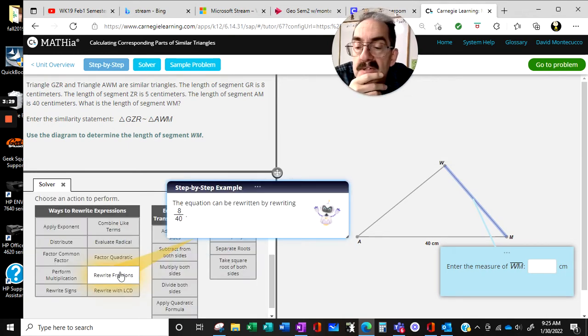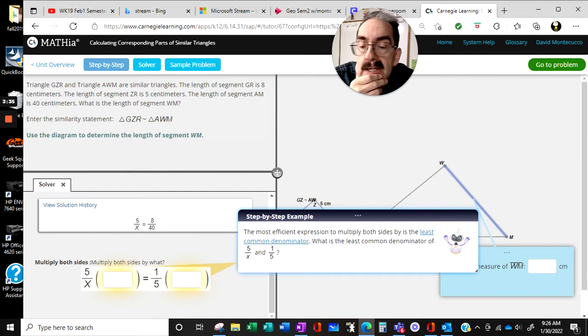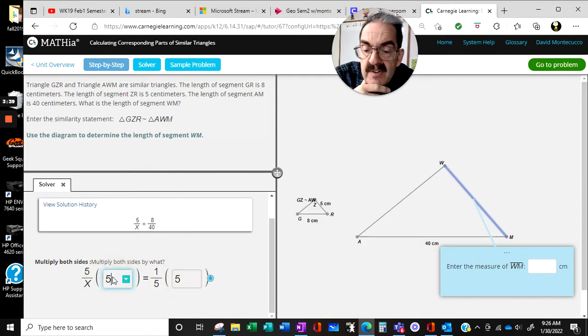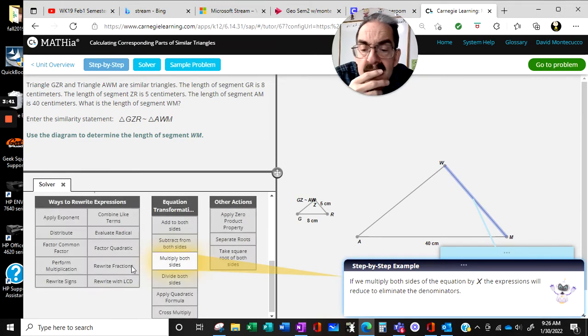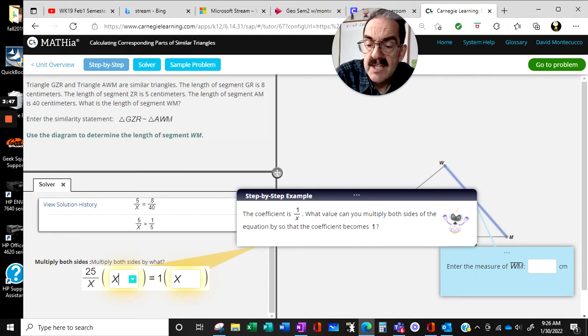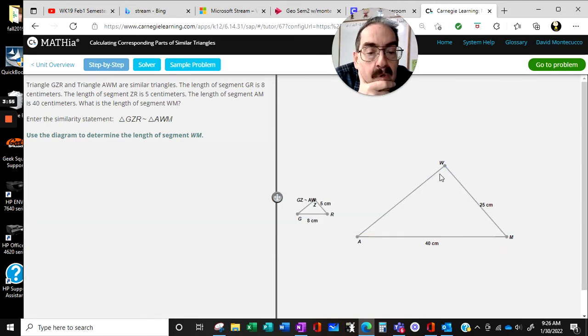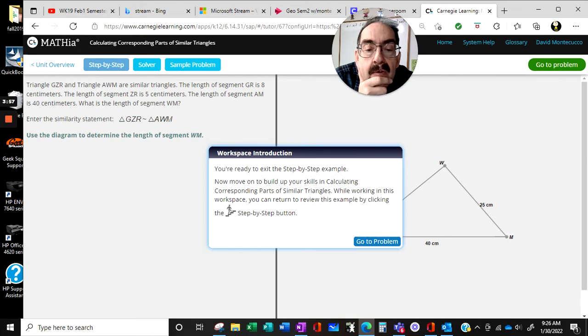Okay, so we want to rewrite the fraction, multiply both sides, and we're going to multiply both sides times 5. Okay, multiply both sides times x, and x is 25. Cool. You're ready to exit.